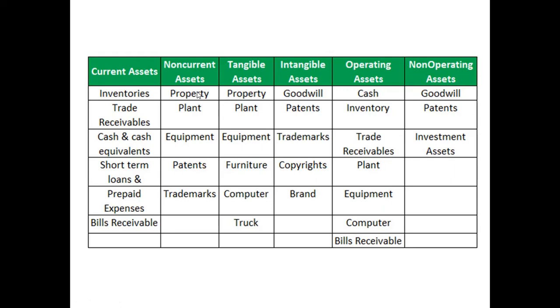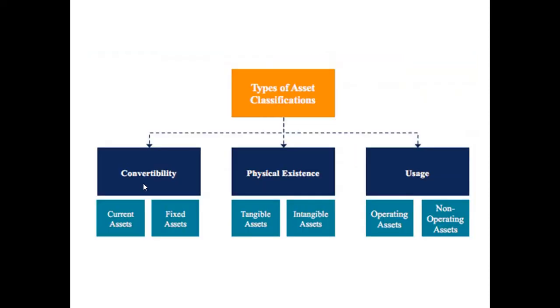By plant we mean big machineries, a collection of machines: machine 1, machine 2, machine 3, machine 4, together they make a plant. And equipment, your patents, goodwill, trademarks, these are your non-current or fixed assets. They cannot be easily converted into liquid cash.